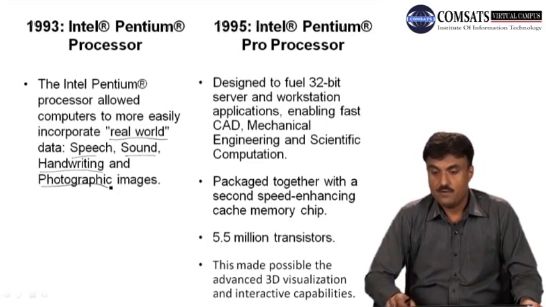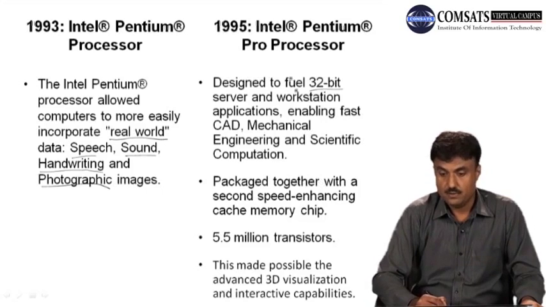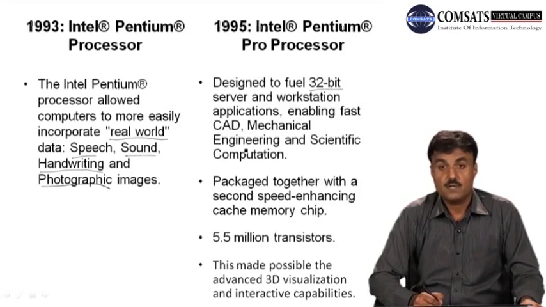In 1995 Intel produced the Pentium Pro processor. This was a 32-bit architecture designed to fuel server and workstation applications, and it enabled fast computer-aided design, CAD programs, mechanical engineering and scientific computation.